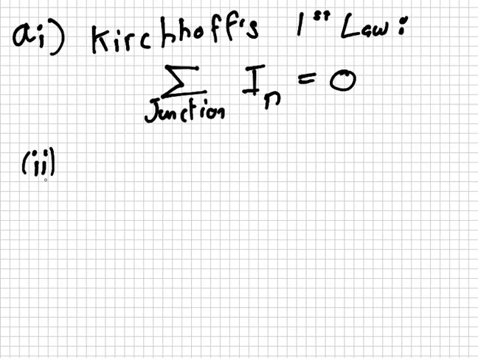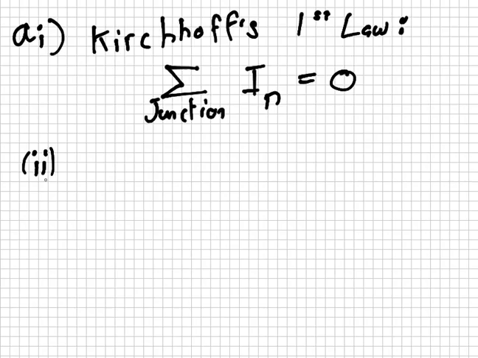Now, for the next part, they want you to explain why this is true. Well, I've said it so many times. The charge that goes into a junction, or the total charge in, must equal the total charge out. Otherwise, you have charge that collects inside the junction, or otherwise you have charge that's being created.